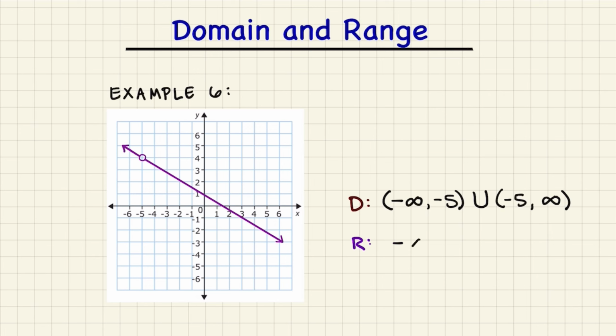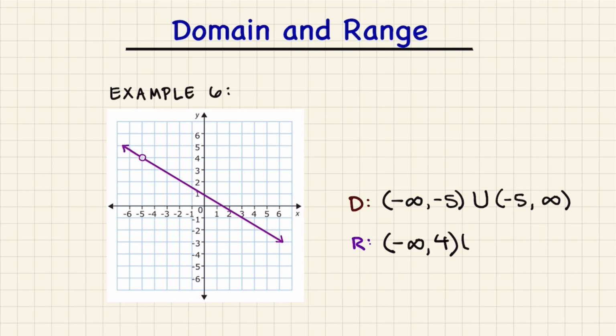So negative infinity, with the parentheses, comma, and then as we go up, we hit this point right here, which is not included. So we have to stop at this point, which is at 4. So 4 is our next value with a parentheses since it's not included.